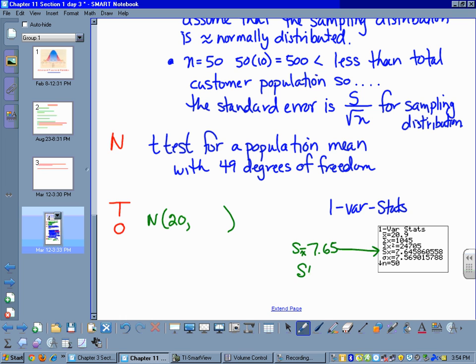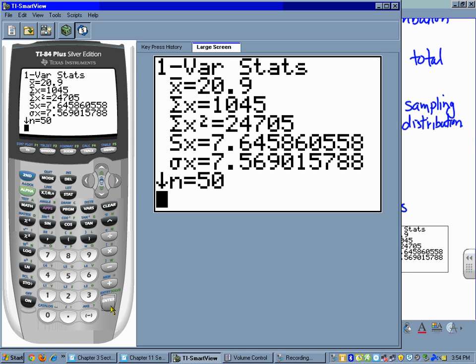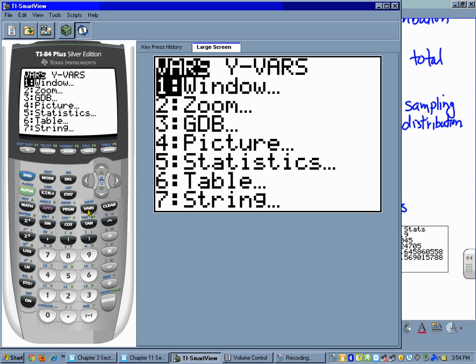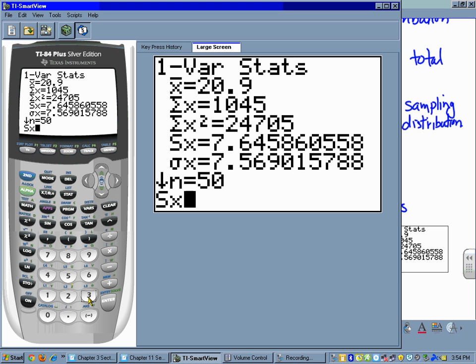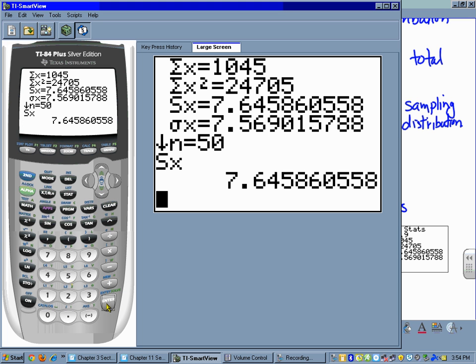And now I have to calculate the standard error, SE sub x bar, which is the sampling distribution standard deviation, 7.65 divided by the square root of 50. So if I want to be really accurate about this, I'm going to use variable statistic, and I'm going to use number 3, which I'm hoping, yes, is the right number.